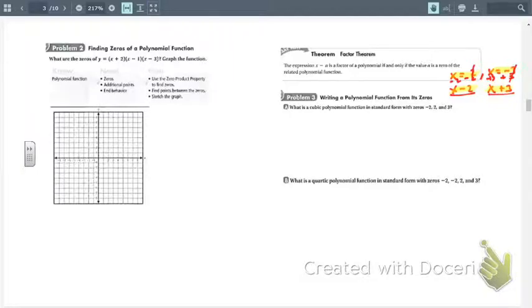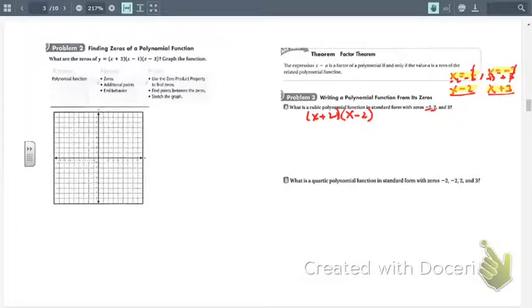Alright, so what is a cubic polynomial function in standard form with zeros negative 2, 2, and 3? Our factors are x, and then just take the opposite of that, so it's going to be plus 2. And then x minus 2. So you're just taking the opposite sign.